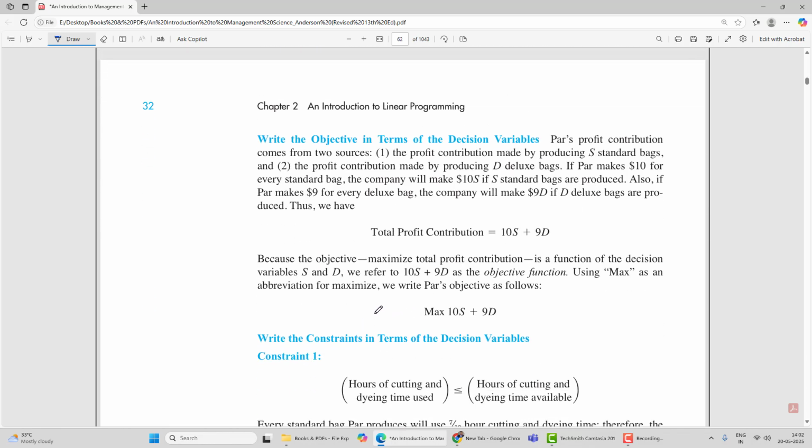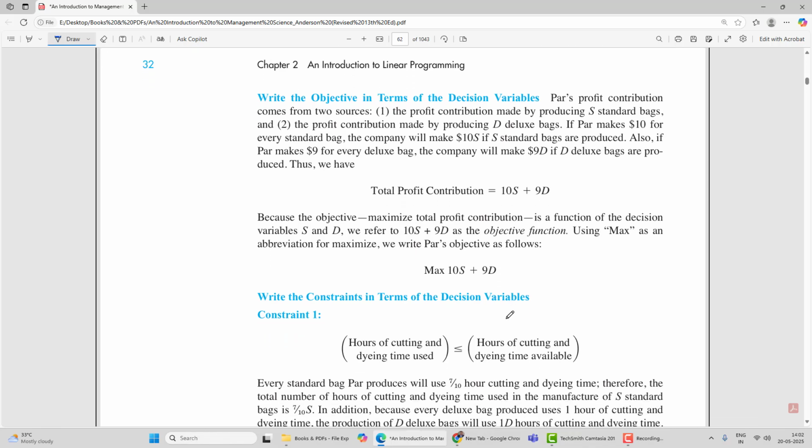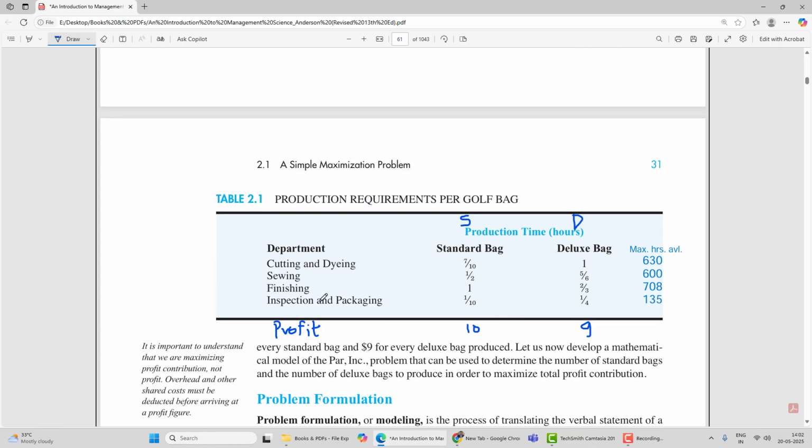So let Z equal 10S plus 9D; maximize this particular objective function subject to the constraints. See here, cutting and dyeing: if I produce S bags, it will require 7/10 times S, and if I produce D bags, it will require 1 times D. So 7/10 S plus 1 D should not exceed 630 hours, because those are the maximum hours available.